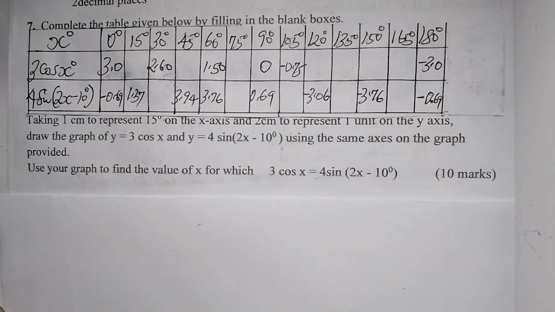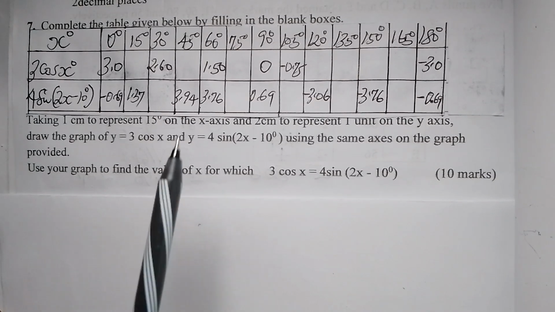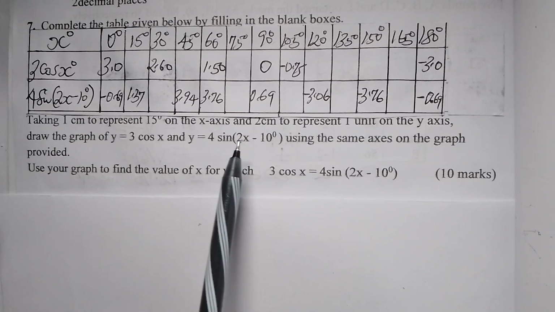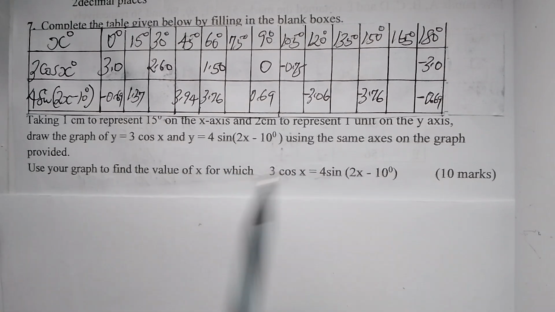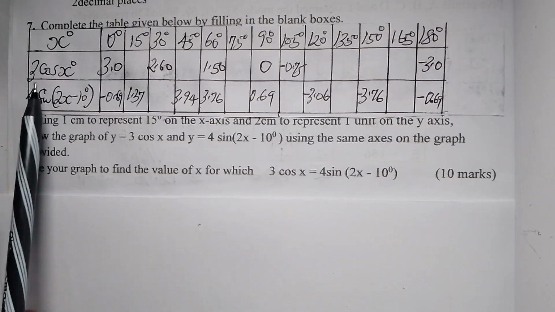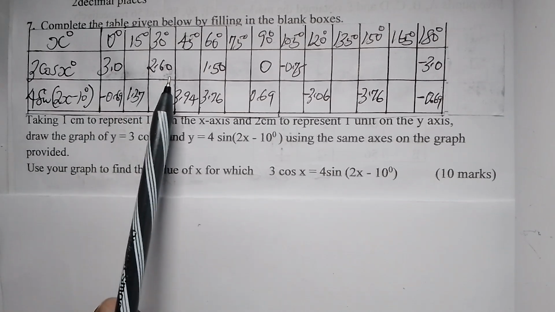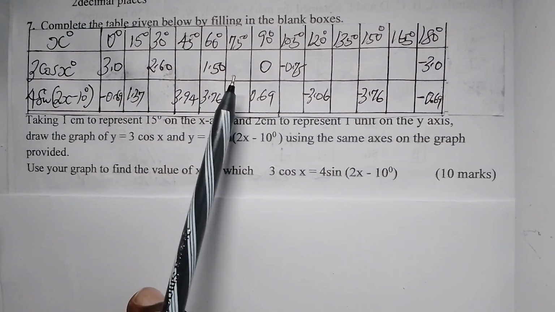Welcome back, viewers. Today I want us to look at trigonometric graphs and see the questions that are normally tested in such graphs. In question 7, you're told to complete the table given below by filling in the blank boxes.